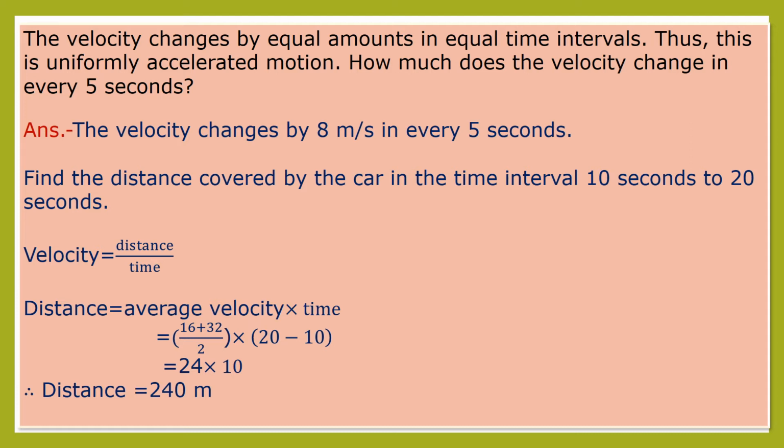So for average velocity we write (16 plus 32) upon 2, into the time, which is 20 minus 10, for 10 seconds and 20 seconds. Now 16 plus 32 is 48, and 48 upon 2 is 24. The subtraction gives 10, so 24 into 10. Therefore distance is equal to 240 meters.